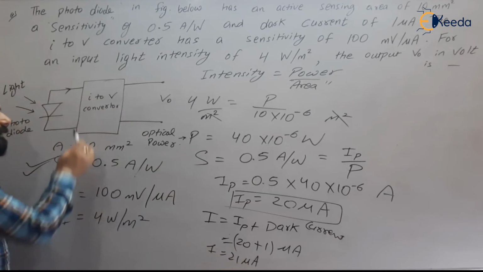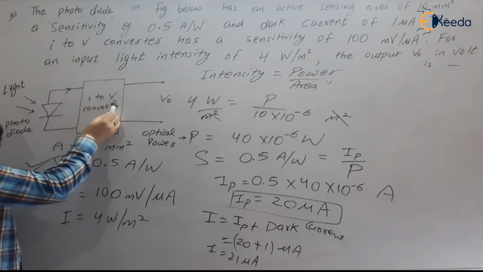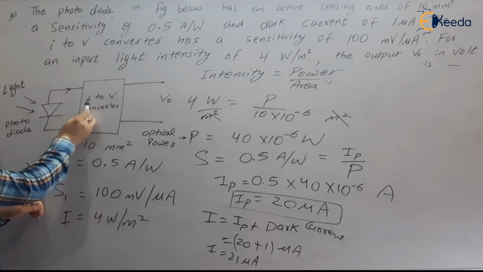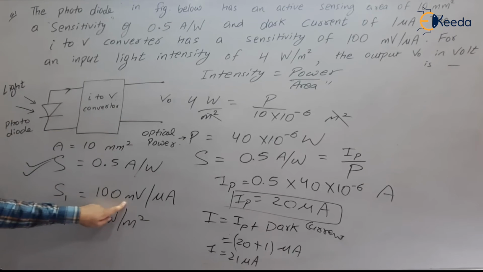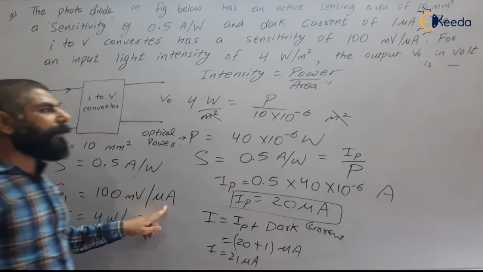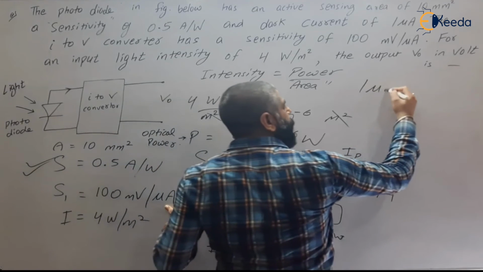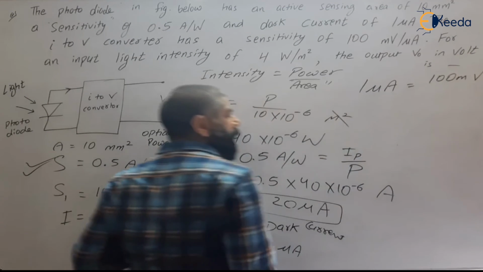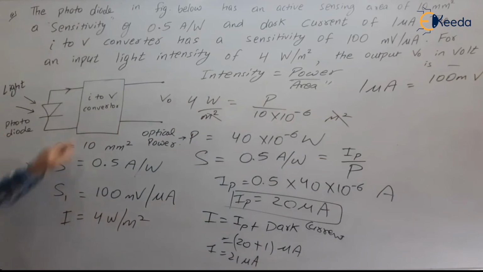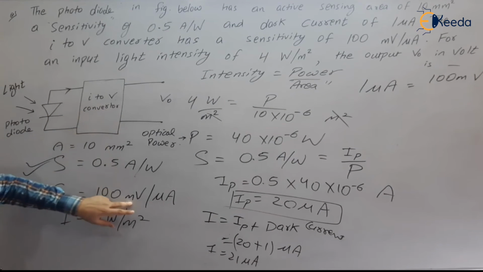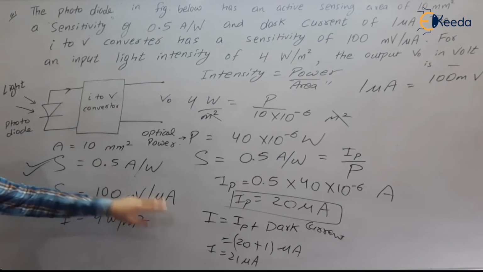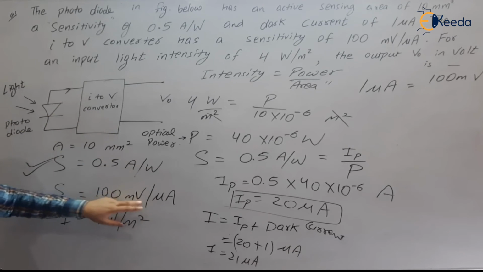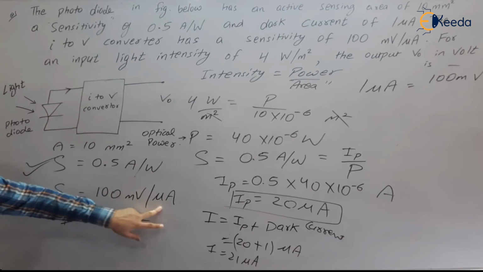And this I2V converter converts the current into voltage. The sensitivity of this I2V converter is given as 100 millivolt per microampere, that is, for 1 microampere, 100 millivolt is generated. In the sensitivity, voltage is in the numerator and current in the denominator, the ratio of change in output to change in input.